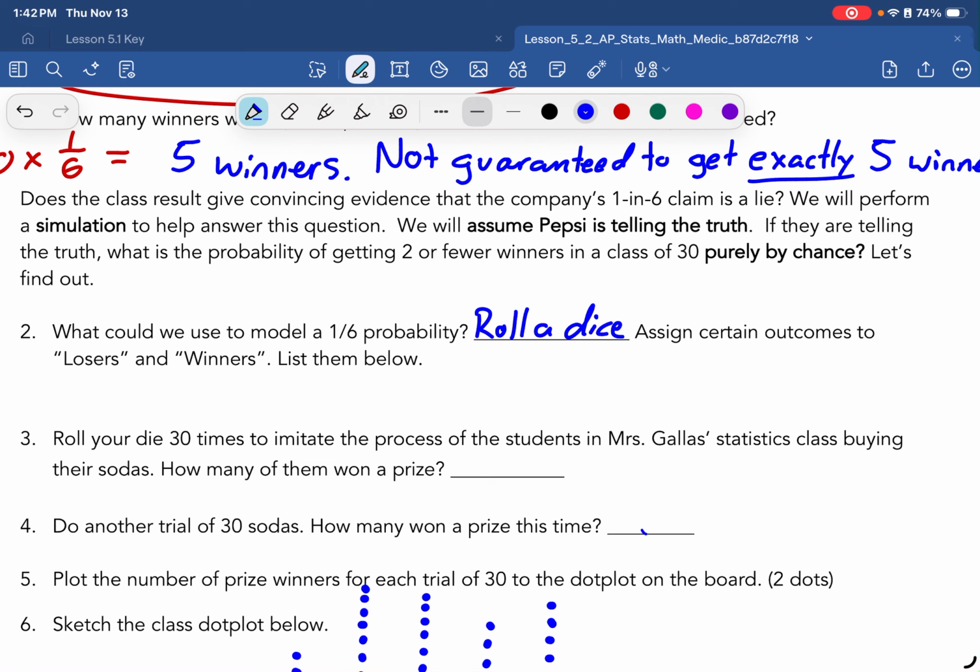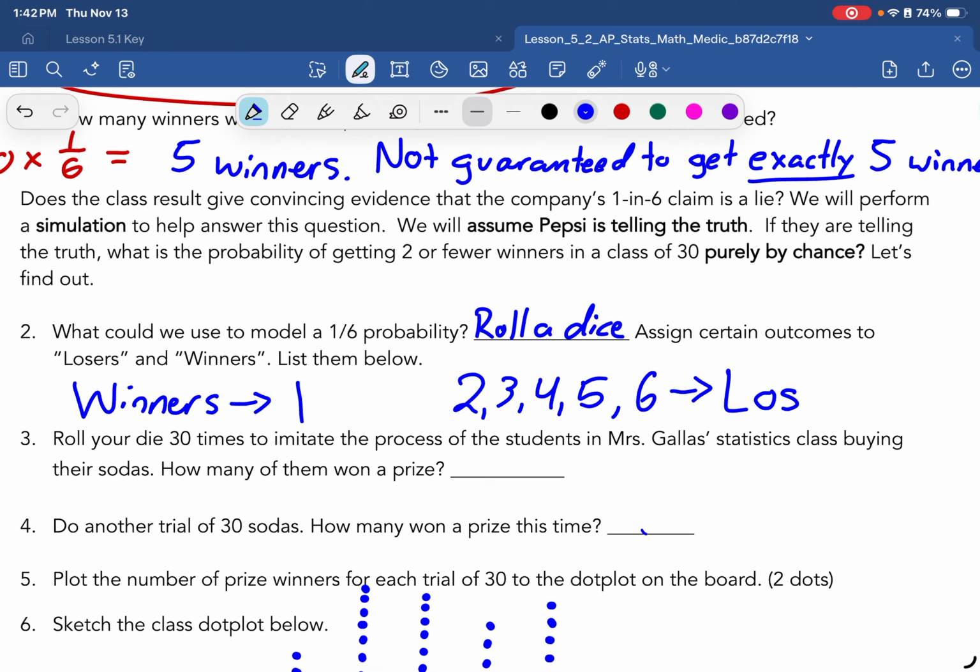Now, one thing you have to do, and this is something AP expects you to do, something I expect you to do, and a good statistician always does this: we're going to assign certain outcomes to losers and winners. Our winners are going to be assigned the 1. Because if you ain't first, you're last, right? So everything else is going to be our losers.